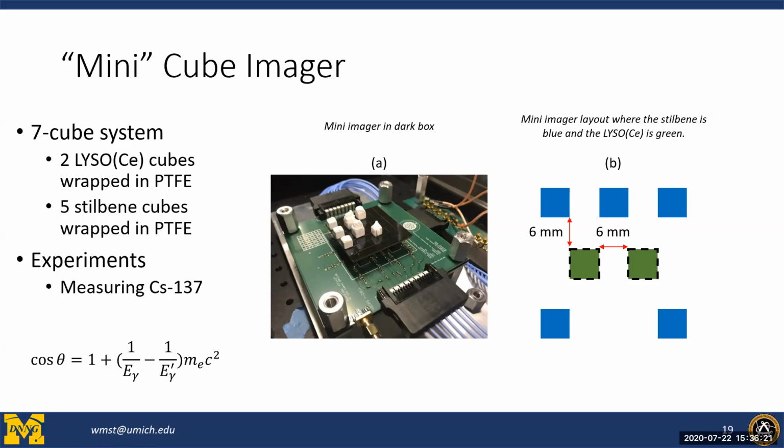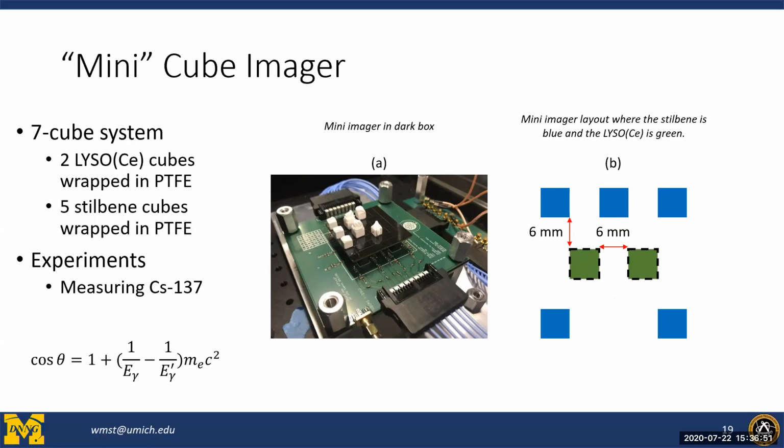So we look for a Compton scattering event in our stilbene cubes, and then we look for a photoelectric absorption in our LYSO cubes. And of course, LYSO is very high density and has a high Z, such that when we look at a distribution, we can pick out where we have Compton scattering in our first interaction, photoelectric absorption in our second interaction, and then we can back project those events.